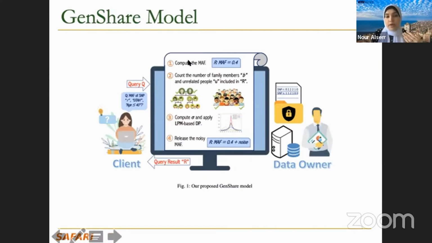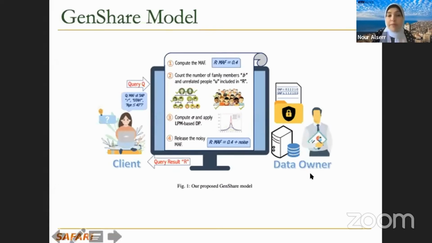So let's say we want to compute the MAF, and the data owner will check how many family members and how many unrelated participants are included in the query result.